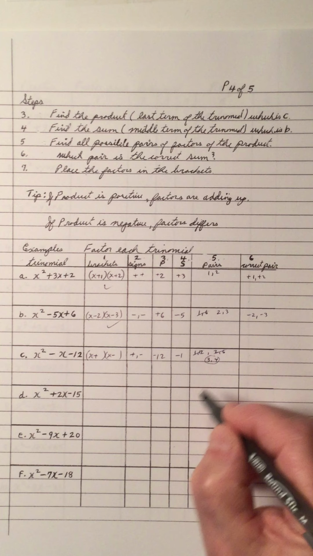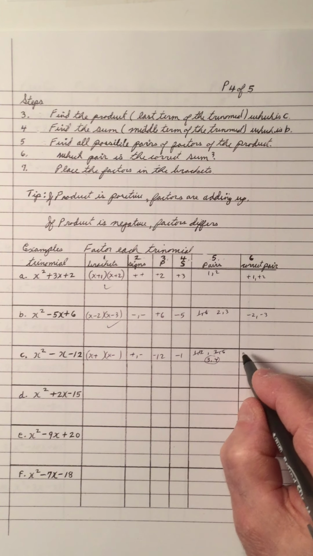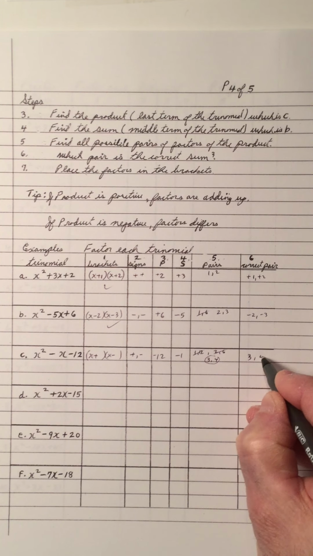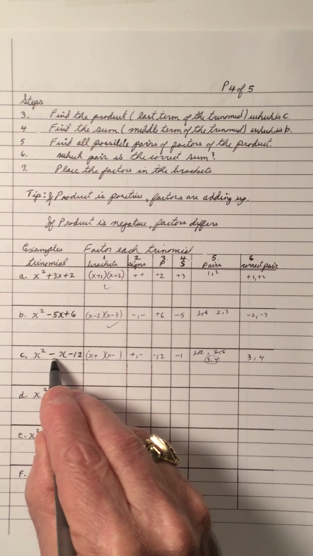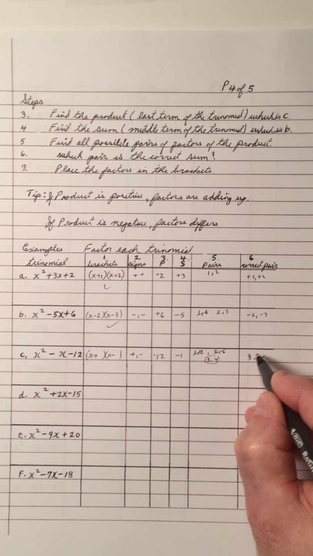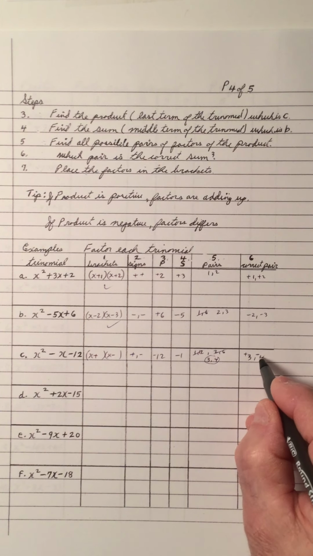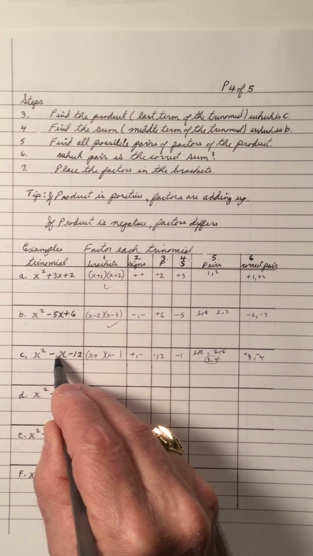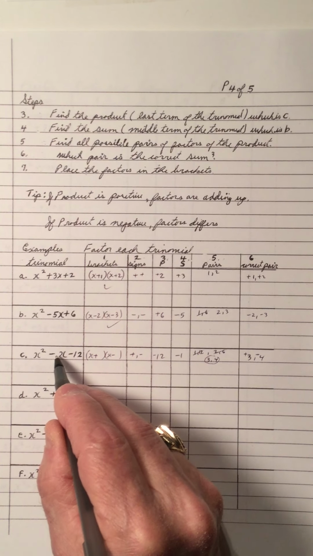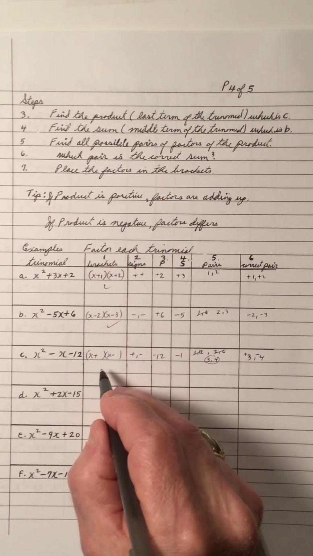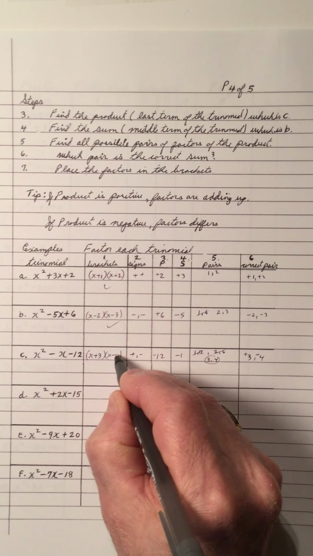The answer is 3 and 4. So I'll have 3 and 4, but the 4 got to be negative, and the 3 got to be positive, because when they differ, I have to subtract and get a negative 1. So the answer is positive 3 and negative 4.